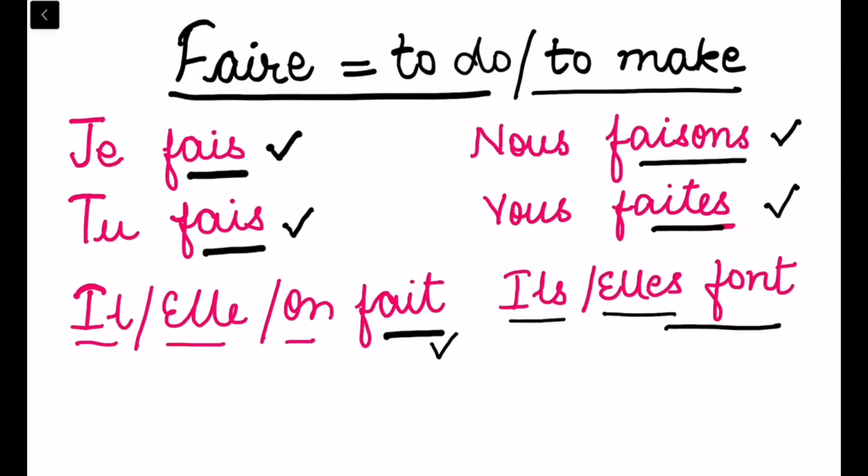Now we learn a few sentences so that we can practice how we make sentences with faire. You might have come across this sentence if you have learned a bit about seasons.